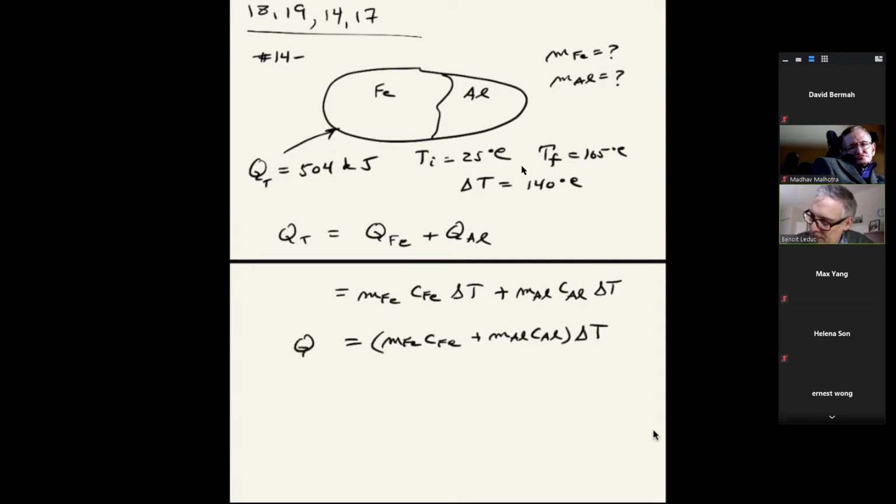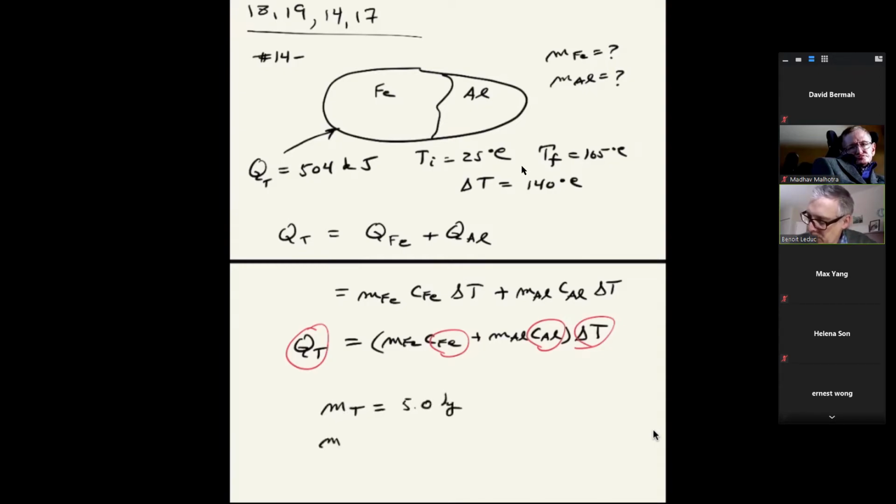All right. And once again, I know this part, this part, this part, and this part. So what you have here is one equation and two unknowns. Well, you know in math that you have to have another equation to solve for this. Where is the other equation coming from? It's coming from the fact that you have the total mass of the object, which is 5 kilogram.